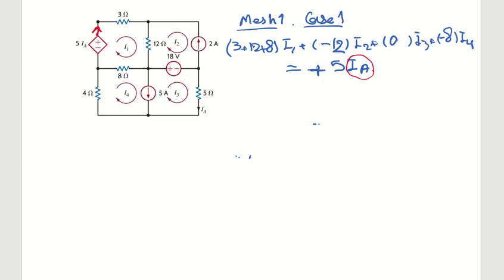So you have to look at the circuit and find IA. IA is here, which is the current for the 5 ohm resistor, which is located only in mesh number 3. I3 has the same direction as IA and it's only in mesh number 3, so the only current going through that element is I3. So basically IA is I3. You can substitute I3 instead of IA in this equation.